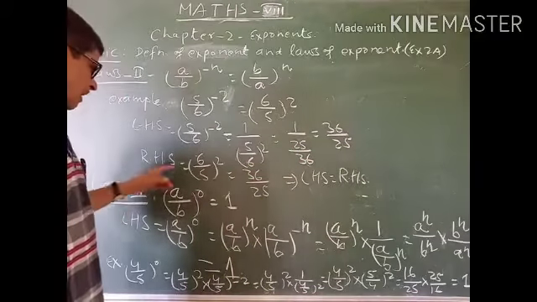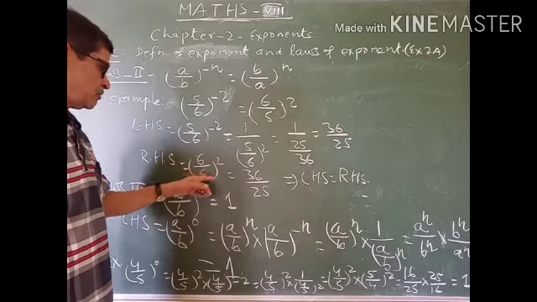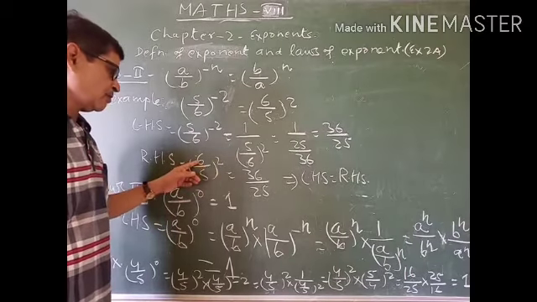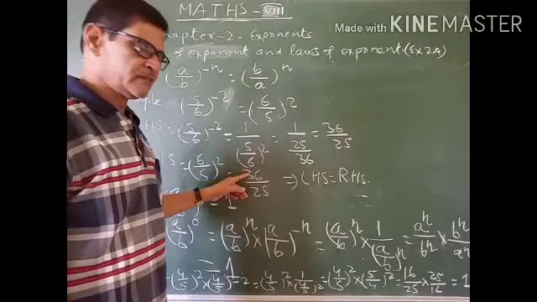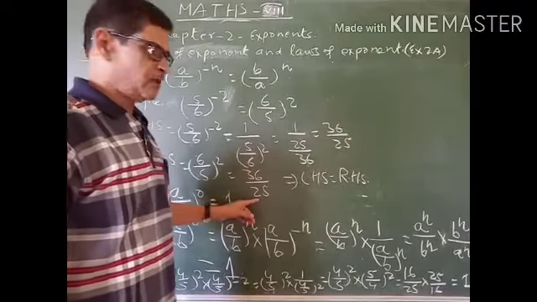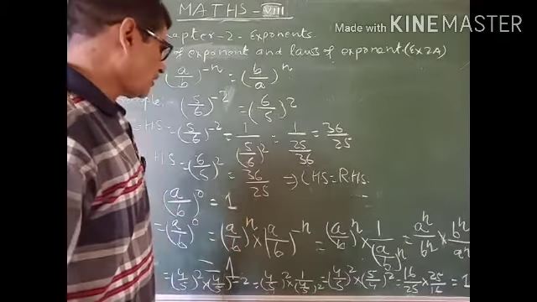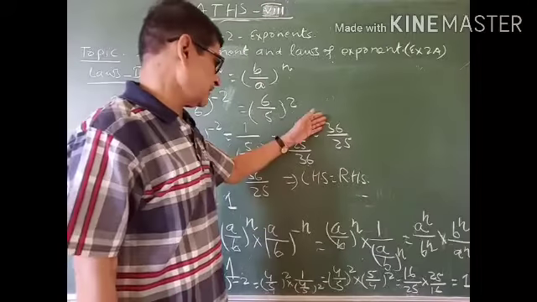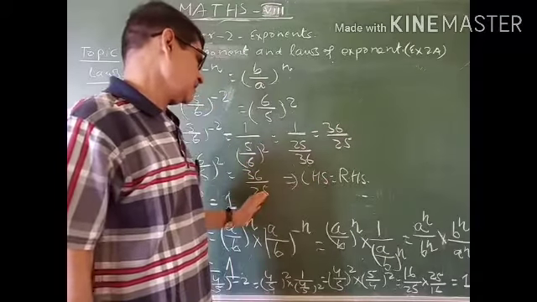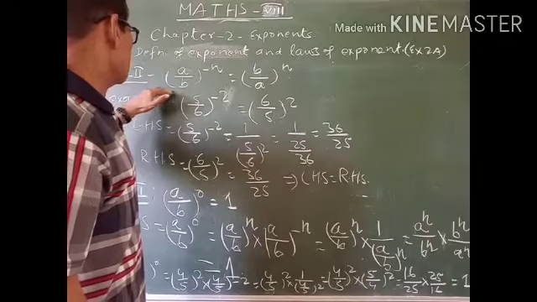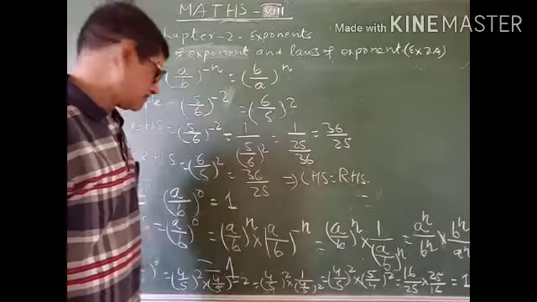Now come to the RHS. 6 by 5 to the power square. This will become 6 6s are 36 and 5 5s are 25. So this is how we find that LHS is equal to RHS. Thus this law is correct.